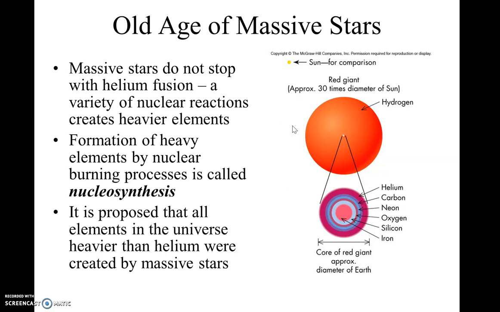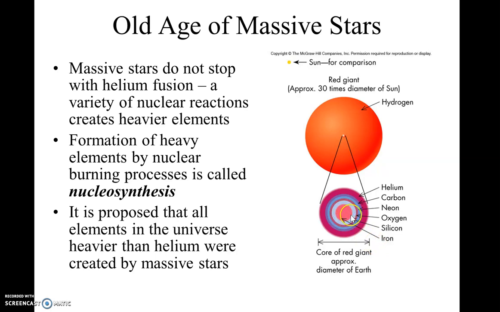When you get to massive stars, generally we think of anything certainly 10 times the mass of the sun or greater as a massive star. All right, so anyhow, these stars will continue to fuse beyond hydrogen, beyond helium, and fuse other elements, as it's showing right in this picture right here.